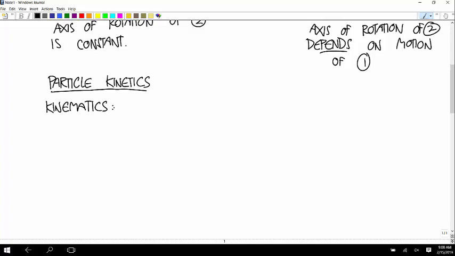Kinematics is just about describing the motion of objects without considering the causes.